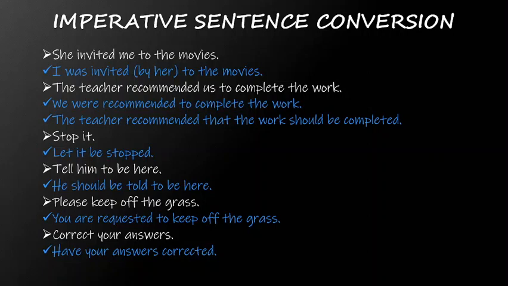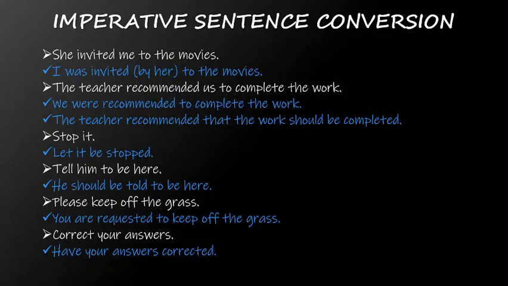I didn't even say that we need to use by then the object. No, I didn't even put that inside a rule because again, that can be very well overlooked, omitted. Sometimes the object is not at all there. Sometimes we use a different kind of preposition. But be verb was absolutely necessary. But right now, what do we have here? Have your answers corrected. There is no be verb.